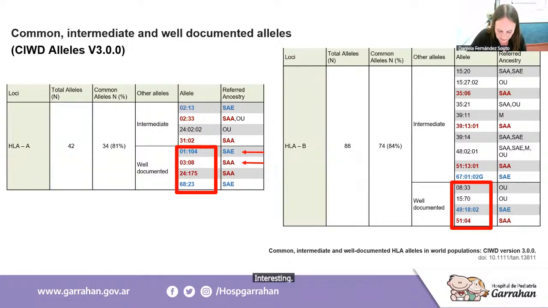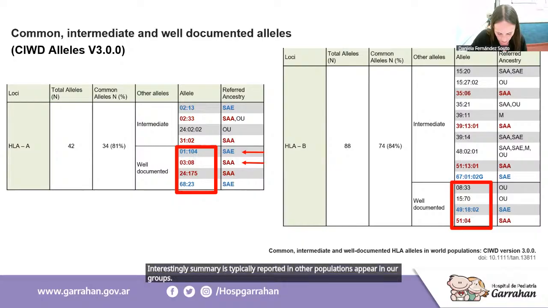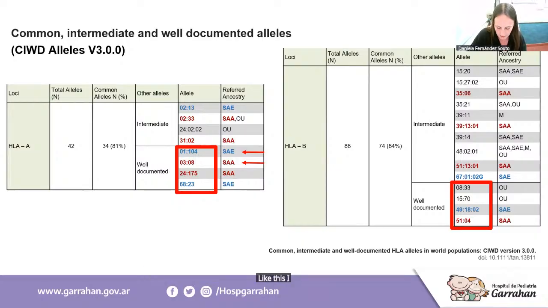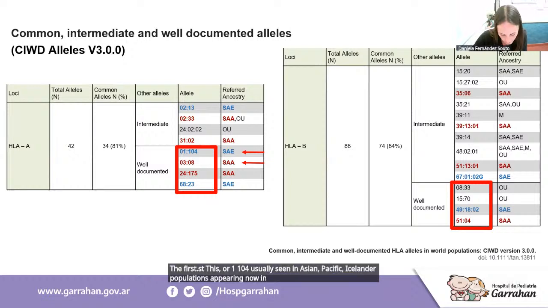Interestingly, some alleles typically reported in other populations appear in our groups. Like these alleles highlighted with an arrow, the first, usually seen in Asian Pacific Islander populations, appears in our European ancestry group.